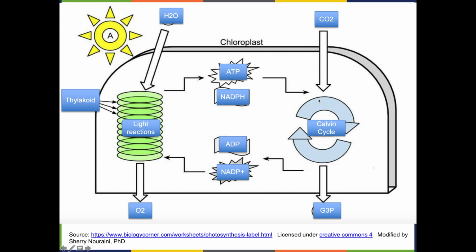These molecules are used as a source of electrons and energy to fix the CO2 to make G3P, which will then go and become glucose. And what comes out of it is ADP and NADP plus, which is going to be fed into the light reaction again.